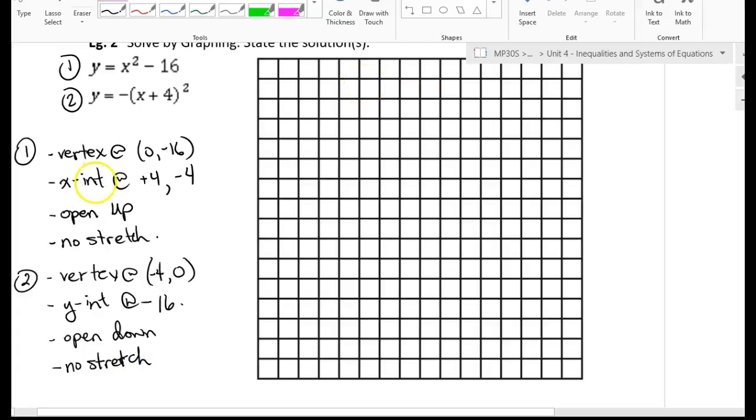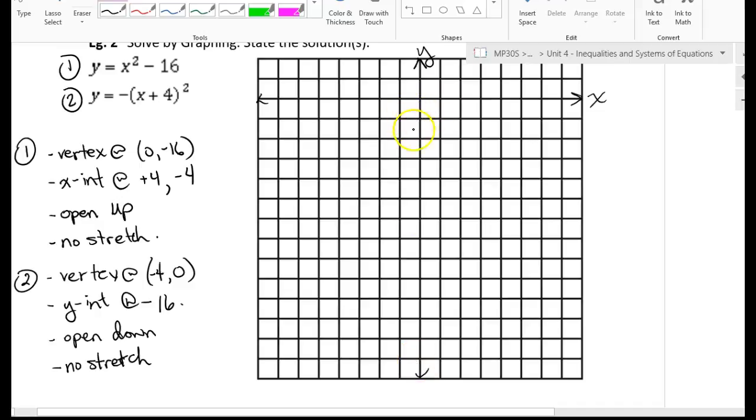So because I've got a vertex opening up and opening down, but I need to reach negative 16 on my grid, again, I'm going to have my x-axis a little bit higher up on my graph. So I label y, and I'm going to put x actually all the way up here so that I can get to negative 16. 1, 2, 3, 4, 5, 6, 7, 8, 9, 10, 11, 12, 13.